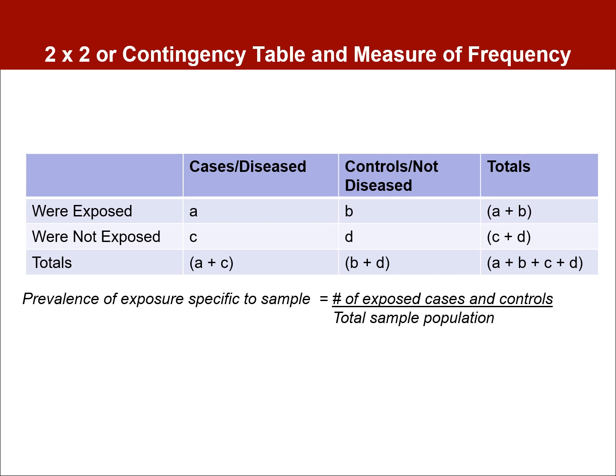So the numerator is the number of exposed, which would include both cases and controls, disease and non-disease, divided by the total sample population. I hope that makes sense.